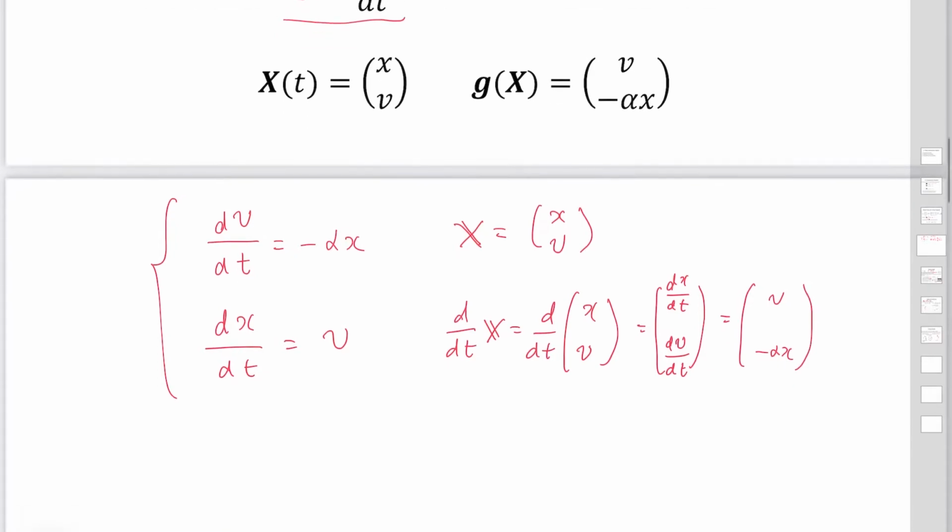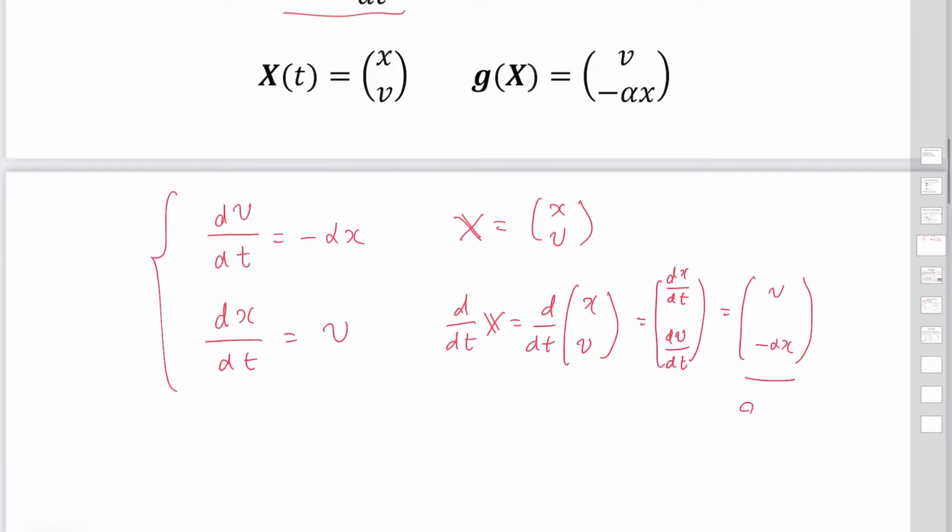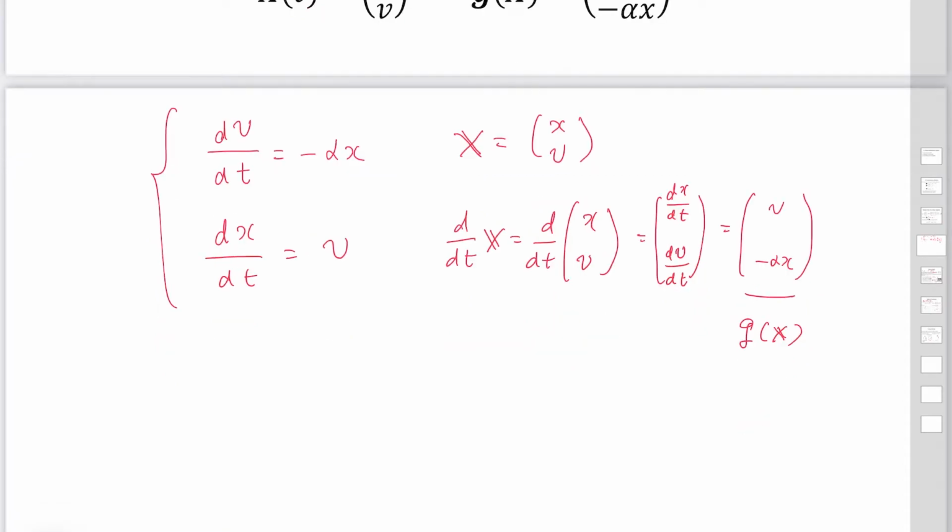So this corresponds to g(X). Like this example, a higher order differential equation is transformed into some first order differential equations. In this case, a second order differential equation is transformed into two first order differential equations.